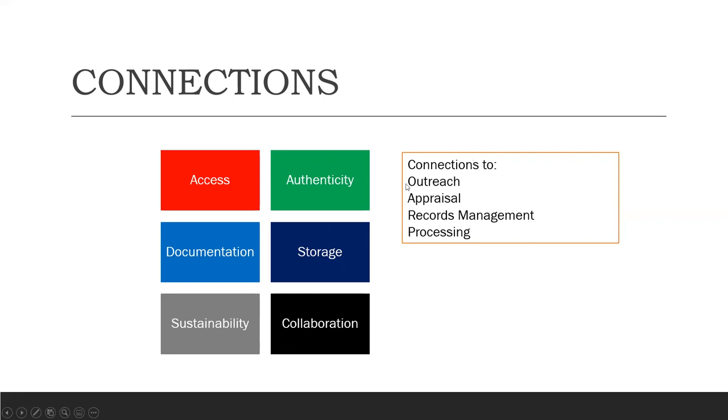The more you conduct outreach and advocacy and the more your donors sort of value you and the more agencies and departments that you might work with value you, the more they're going to listen to you and the more likely they are to create and use and donate records that are easy for you to work with.